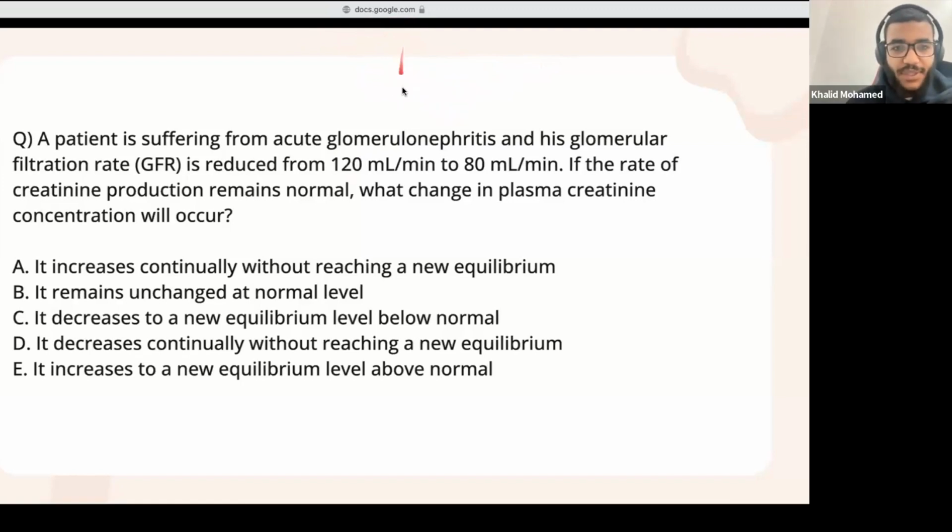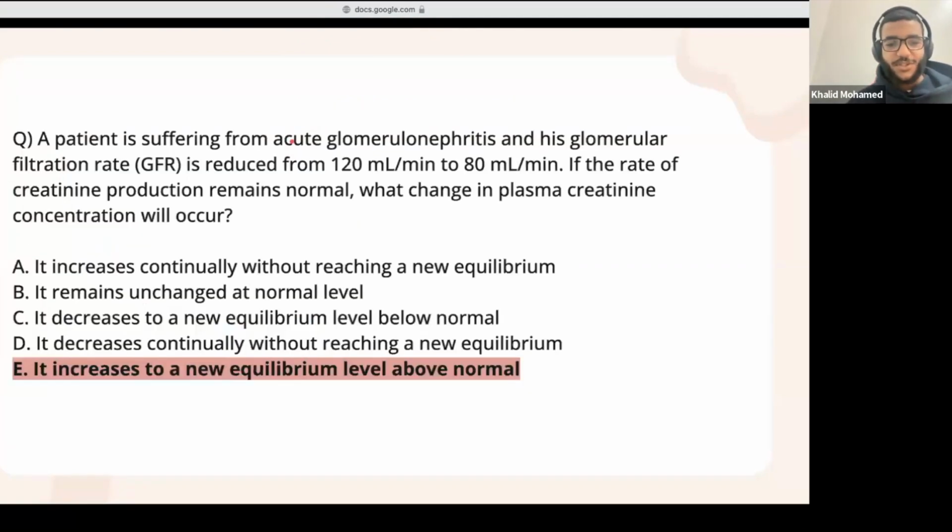Another E. Okay. So you guys are correct. The answer is actually E.